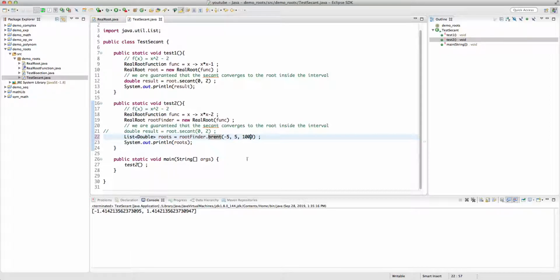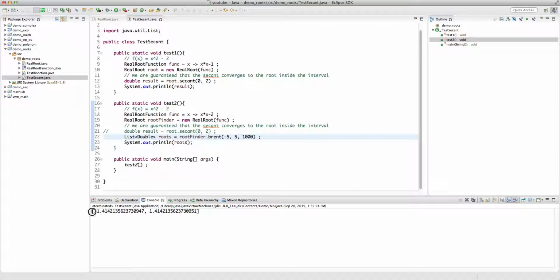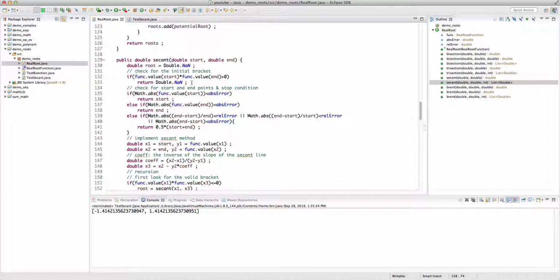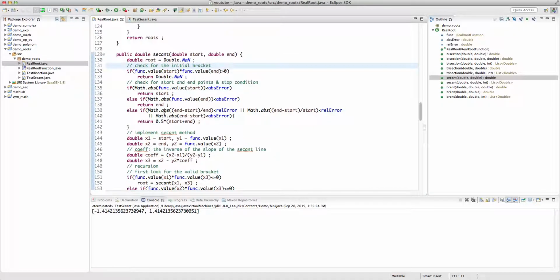Obviously, if I set it to 1000, the results will be the same, right? It doesn't add more overhead because of this fact. It doesn't go and do the initial search, because as soon as it sees that the subinterval is not a valid bracket, it discards it.